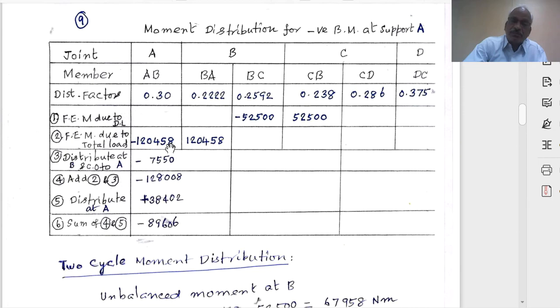Plus 120,458 will have to be provided to the members AB, AA1, AA2. Now we are not bothered about AA1 and AA2. We will concentrate only on AB. So plus 120,458 into 0.3, plus 120,458 into 0.3.